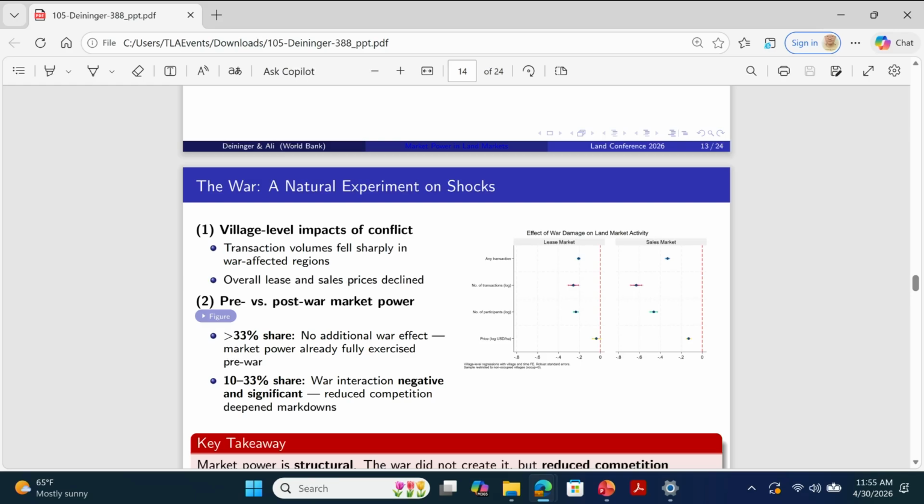So this is the identification strategy. These are the villages directly affected by the war. If there is any damage, any of those kinds of things, that is what we looked at. I think that maybe addresses your concern. No, it's not binary. It's based on remote sensing, satellite imagery.